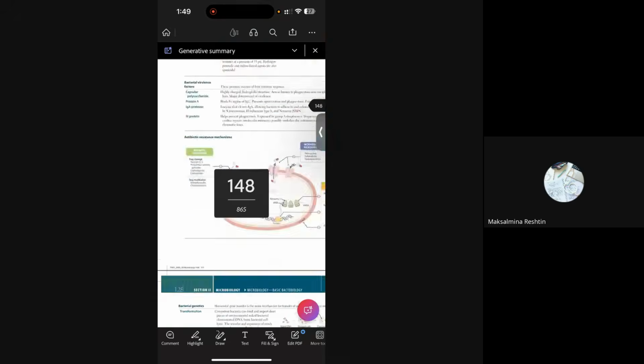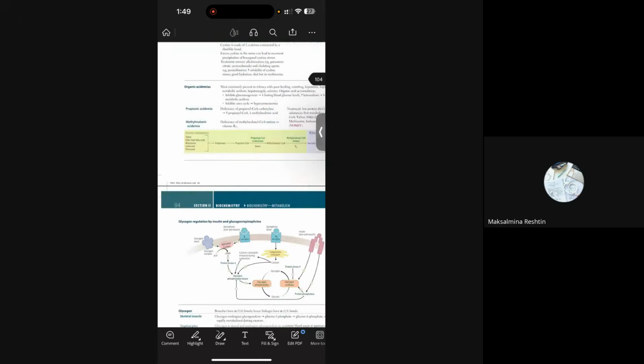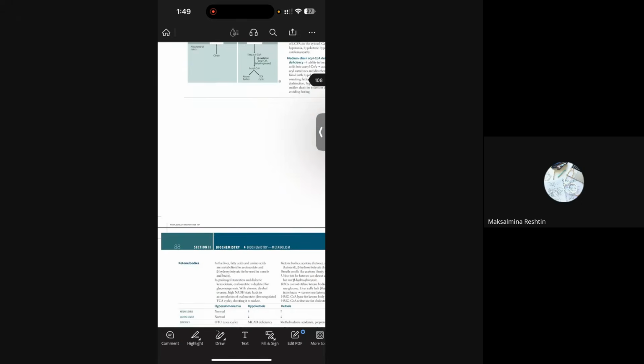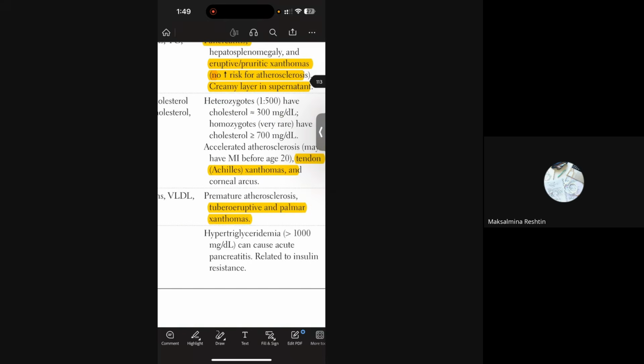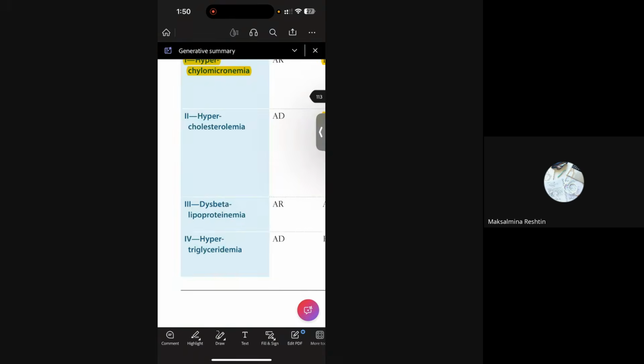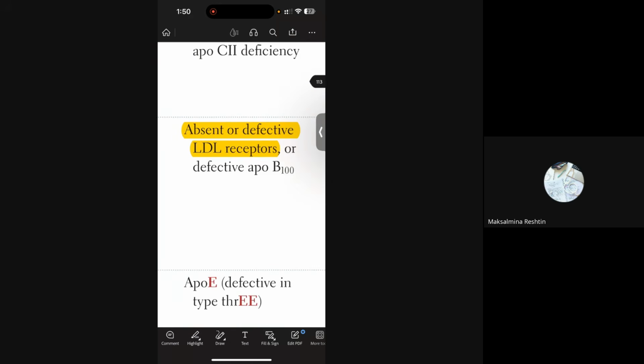Type 2 hyperlipidemia disorders show accelerated atherosclerosis, and they may have MI before age 20. In type 2, the main pathogenesis is defective or absent LDL receptors.